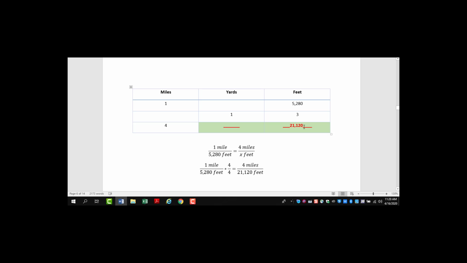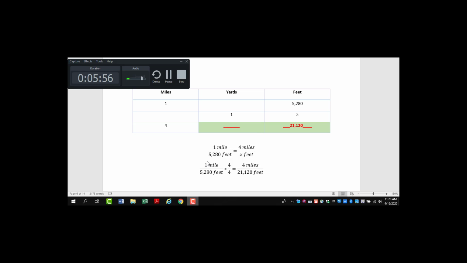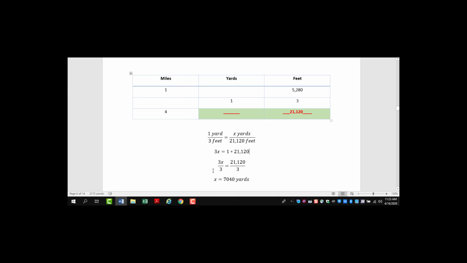So now that I have feet, I know the relationship between yards and feet. There's my ratio, 1 to 3, so I can find out how many yards. So I'm going to move this down. You might want to pause it and see what number you can get for here. Okay, so we have 1 yard is 3 feet.